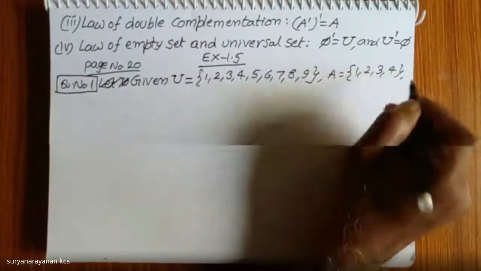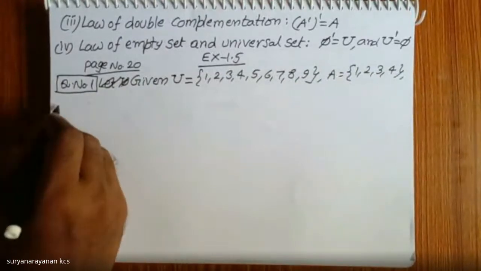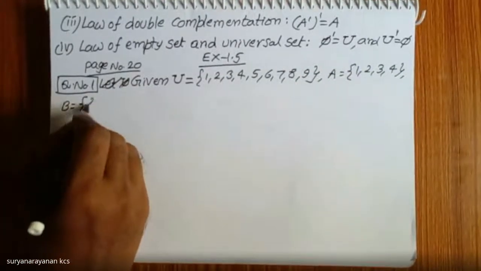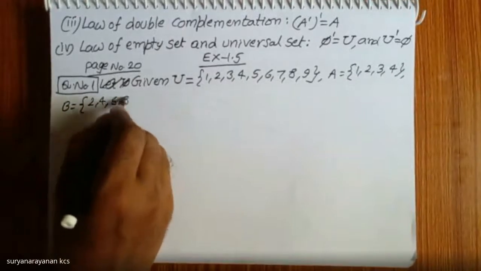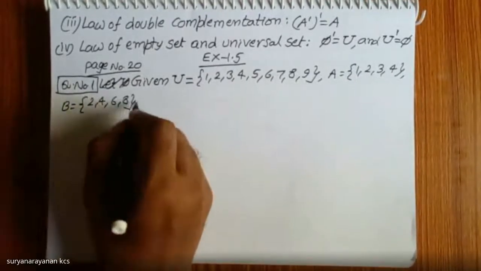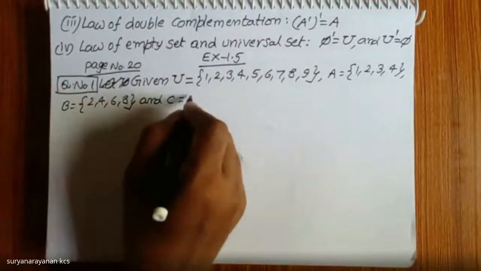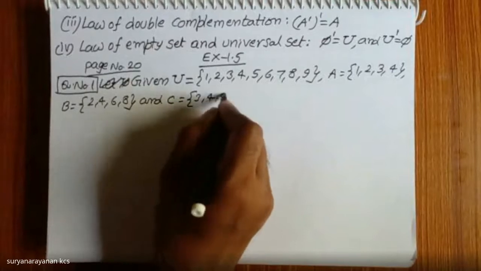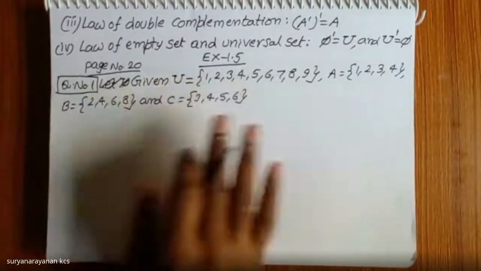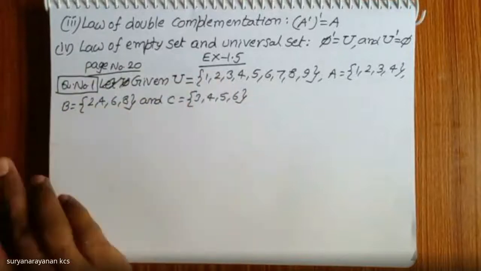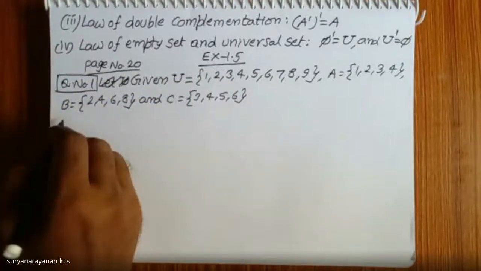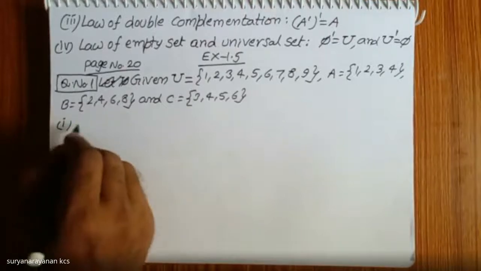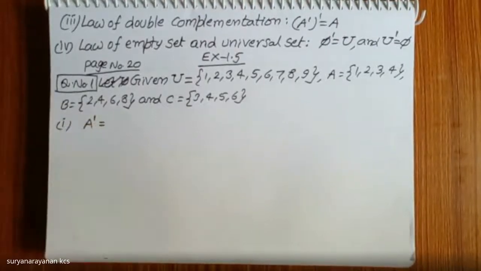And B is equal to set 2, 4, 6, 8, and C is equal to set 3, 4, 5, 6. These are different sets and the universal set is also given. Find A dash. The first question is A dash. What is the formula, my dear children, for A dash?